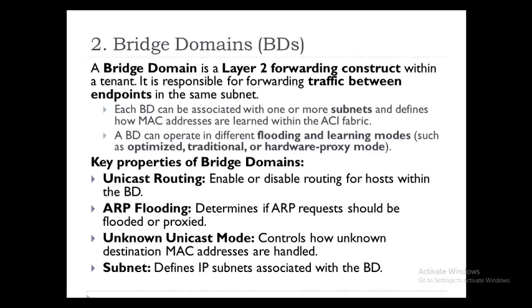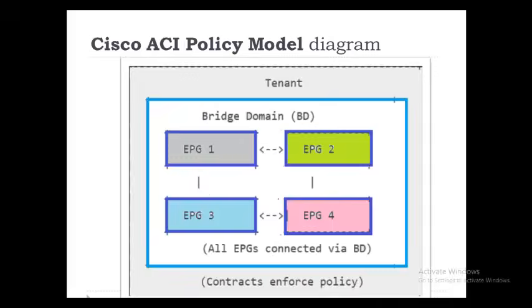Let me show you a picture. You see this picture here. Tenant is the bigger rectangle inside which you have the bridge domain. Inside the bridge domain, inside that blue, you have a lot of small squares called EPGs.